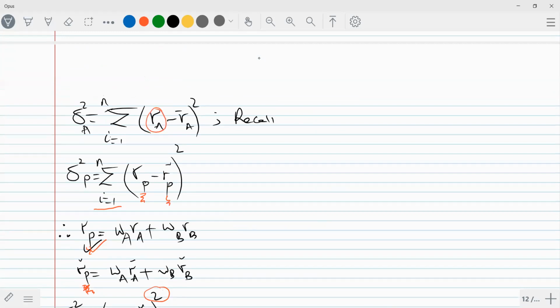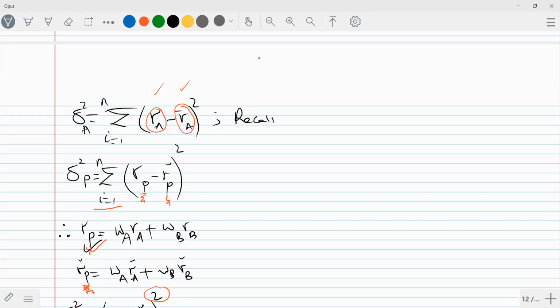These two, R and R bar, here. So here, R means the actual return you'll be receiving. Once you have that bar on top, it means it's the expected return.